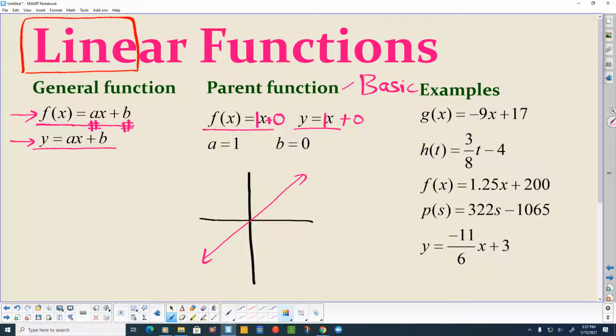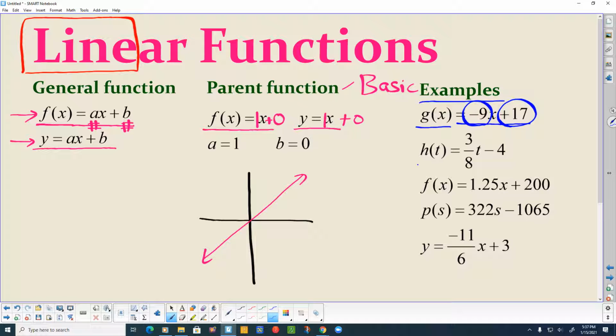Here are some examples of linear functions. I don't want to read them all, I'll just cover a couple. You could say g of x equals negative 9x plus 17. Here's your a, negative 9. Here's your b, plus 17.